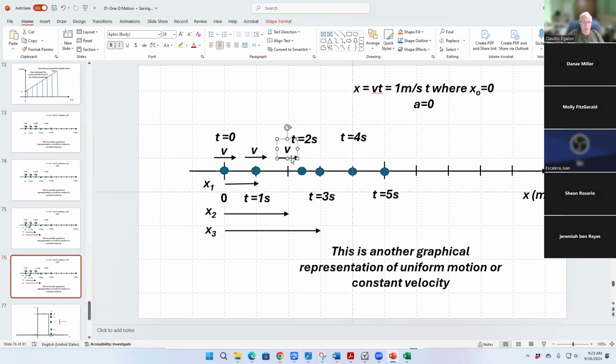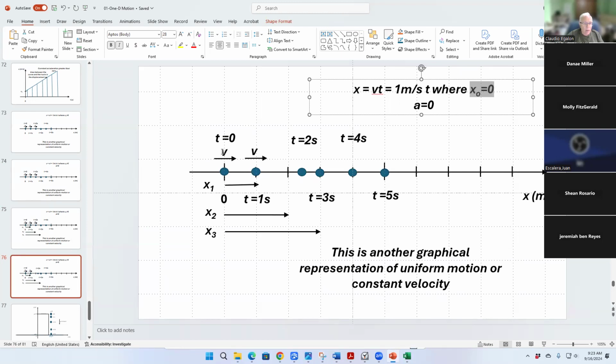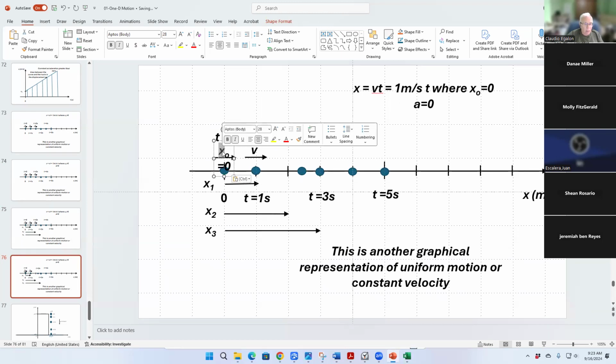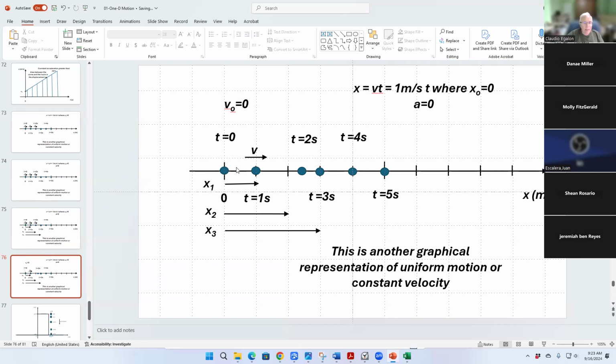The vector velocity, I'm going to erase this vector velocity for now. Let's say the initial velocity is equal to 0. Because the initial velocity at time t equal to 0 is 0, then we do not represent any velocity vector here. The way we represent this velocity vector is by a dot.